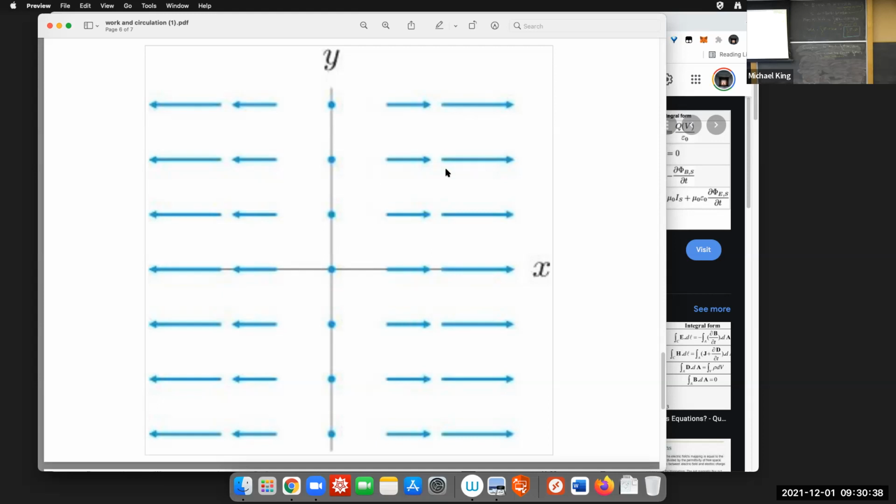Some people say positive. As long as it's a closed loop, and it could be anywhere. We're trying to decide the general question of whether a vector field has positive circulation, negative circulation, or 0 circulation. It can change depending on where you are in the vector field, but some vector fields are always positive or always negative or always 0.